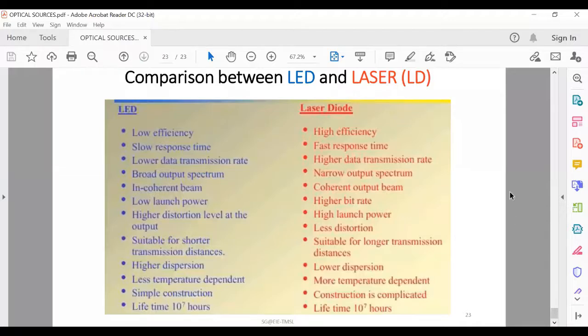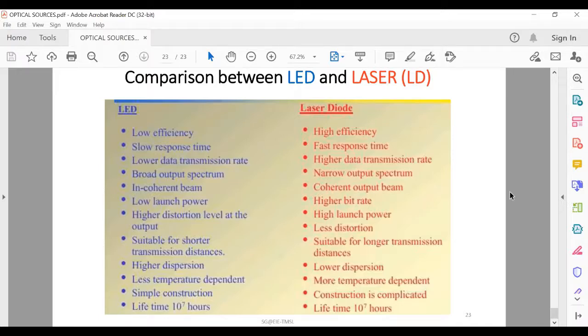So there is a comparison between LED and laser. LED has certain advantages and disadvantages, and the laser also has some advantages and disadvantages. For LED, low efficiency is there, and for laser, high efficiency. For LED, slow response time, but the laser has a very fast response time. For LED, lower data transmission rate, but the laser has a high data transmission rate.